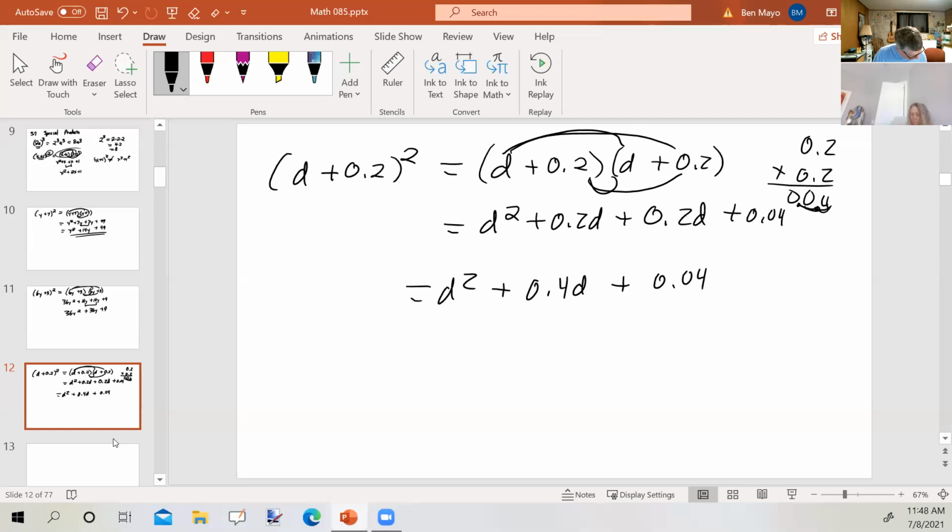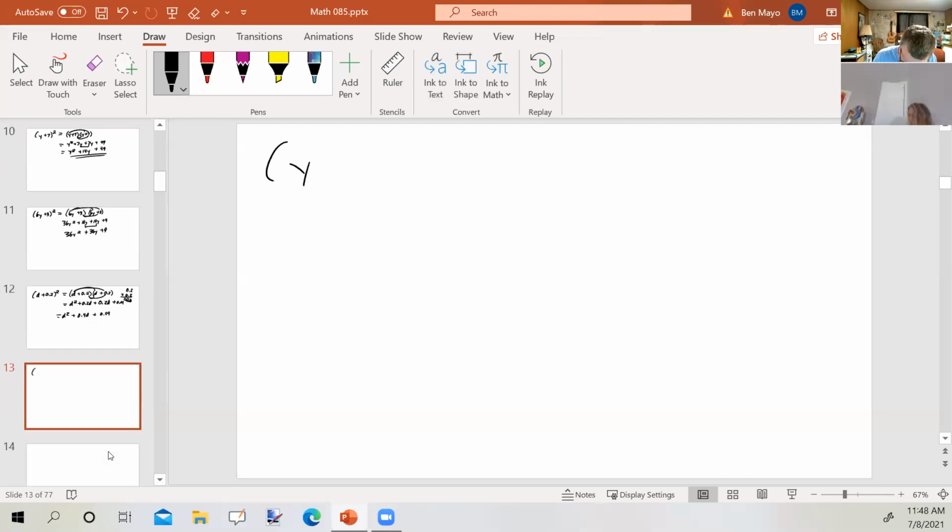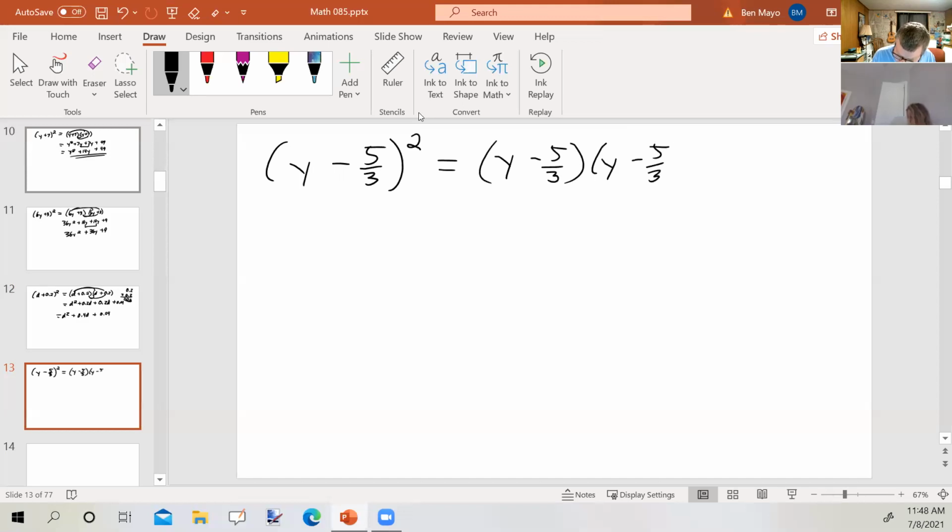Let's see here. Let's deal with some fractions. y minus 5/3, the quantity squared, is y minus 5/3 times y minus 5/3.